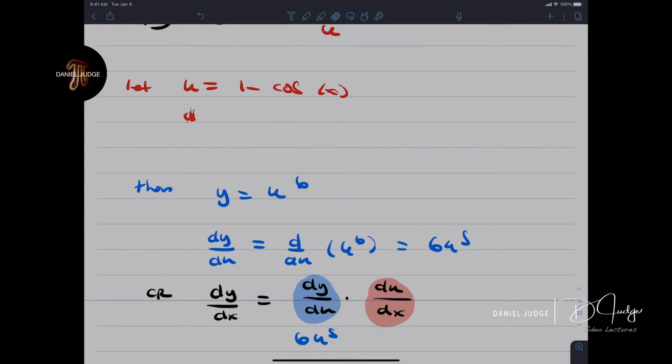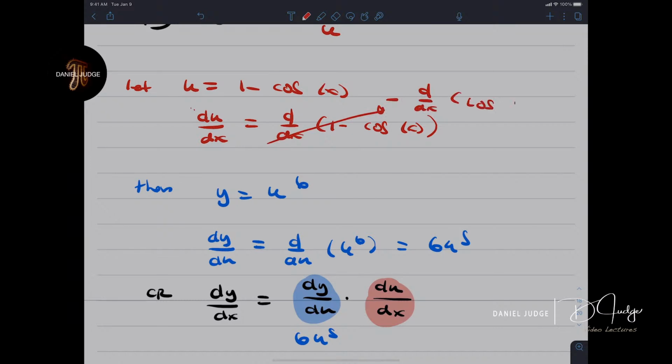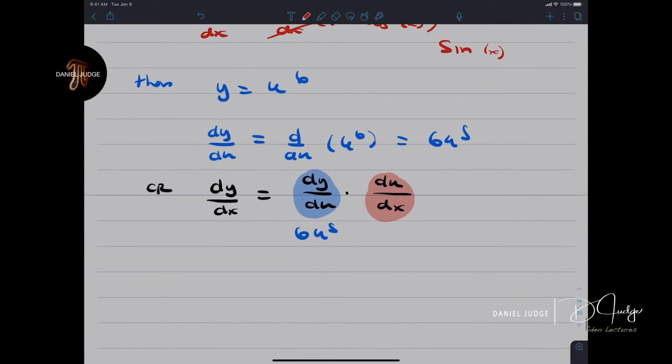We now need du dx, which is d dx of 1 minus cosine x. Now this is 1 minus cosine x, so this is negative d dx of cosine. Derivative of cosine is minus sine. So don't forget you have a minus, which means simply sine. So this portion is sine.